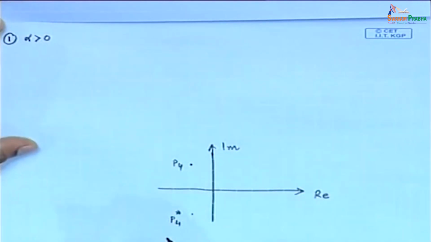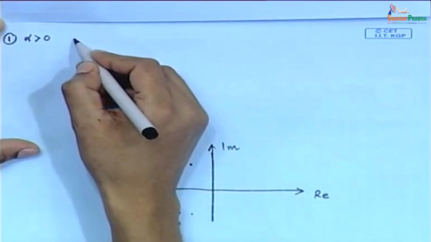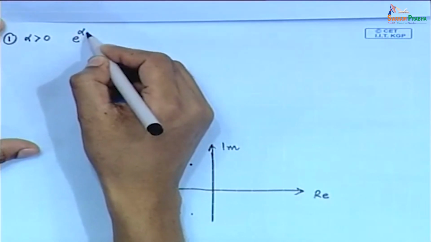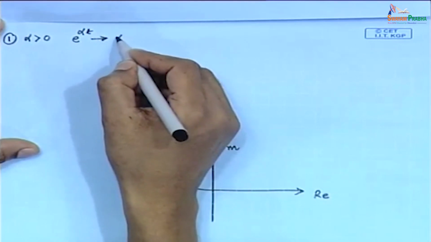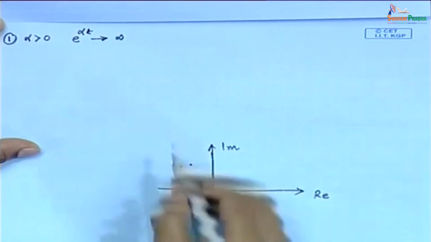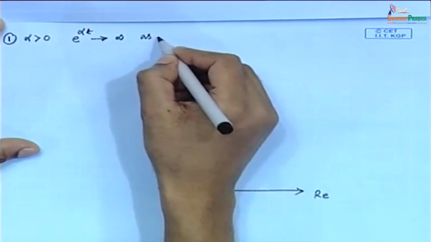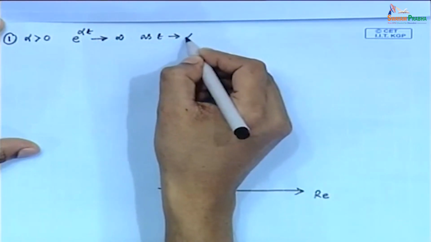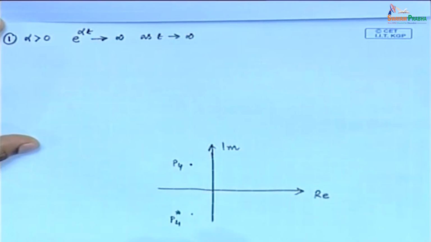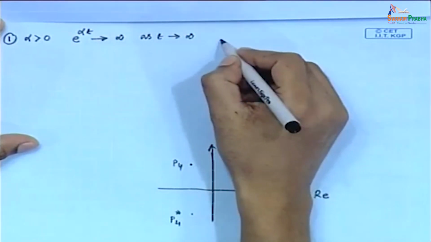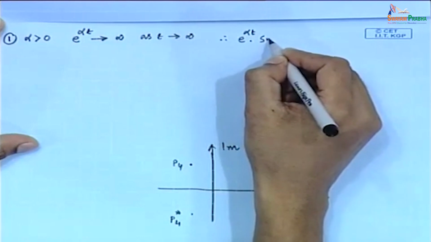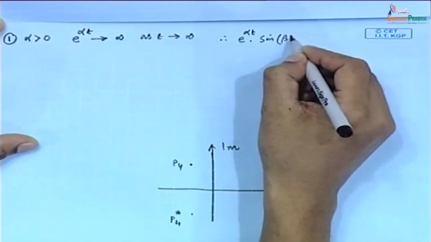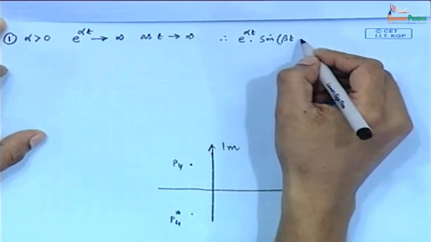If alpha is greater than 0, then exponential of alpha t tends to infinity as time tends to infinity. Agree? Then what will be exponential of alpha t multiplied by sine of beta t plus phi?